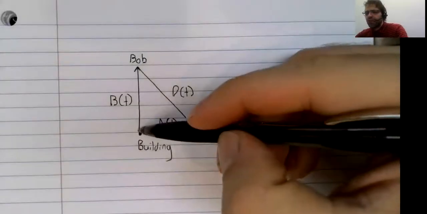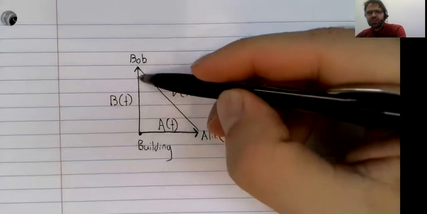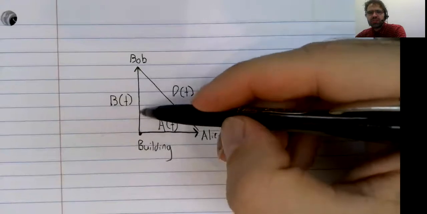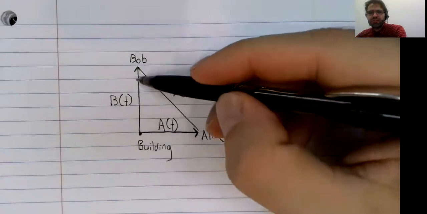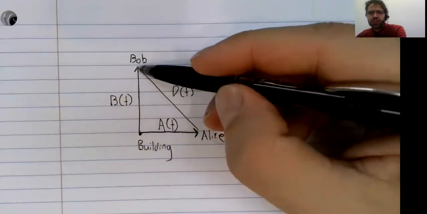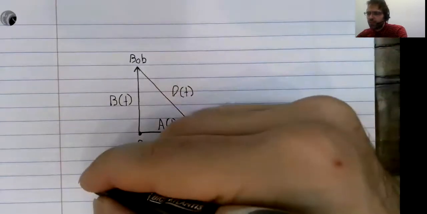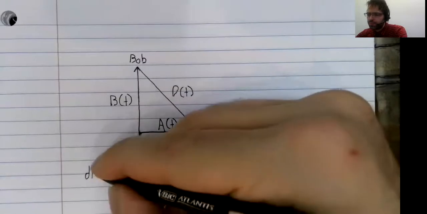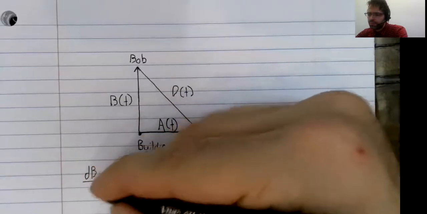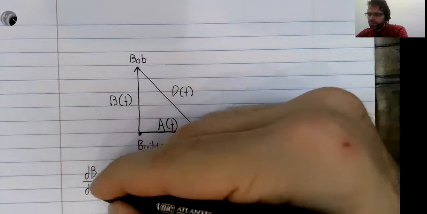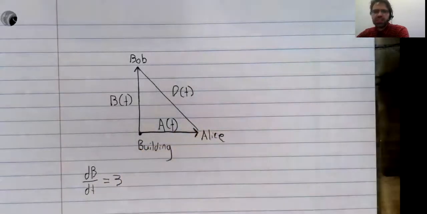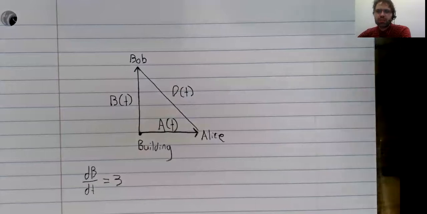So we're told how fast this is changing. We're told this distance is increasing at a rate of 3 miles per hour. dB/dt is constant.